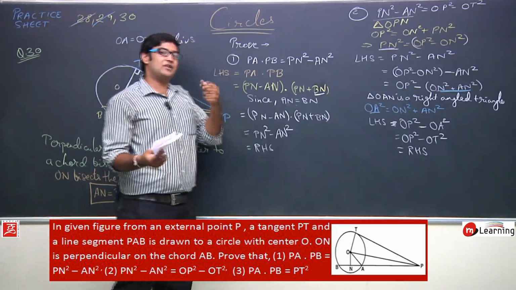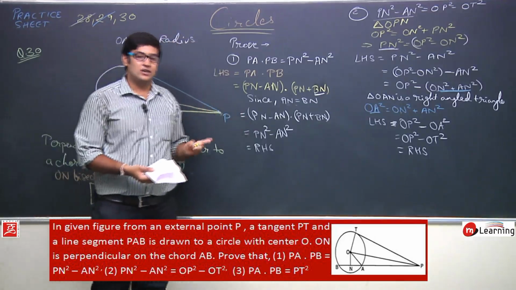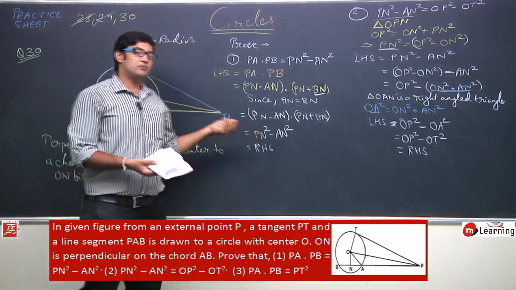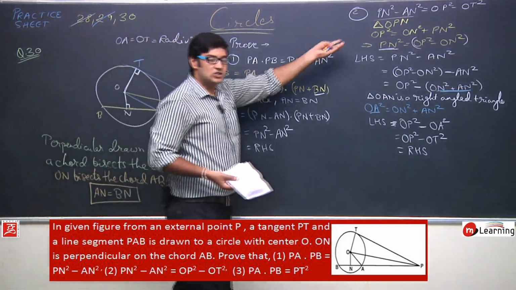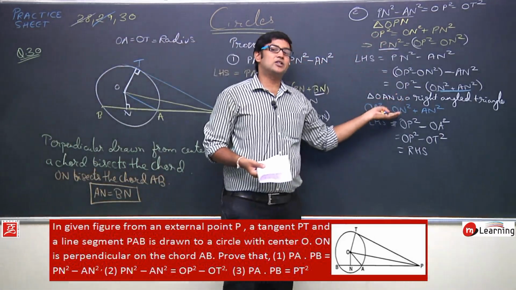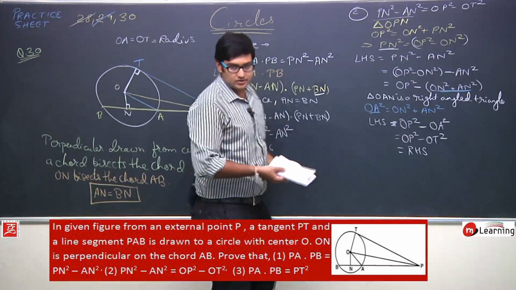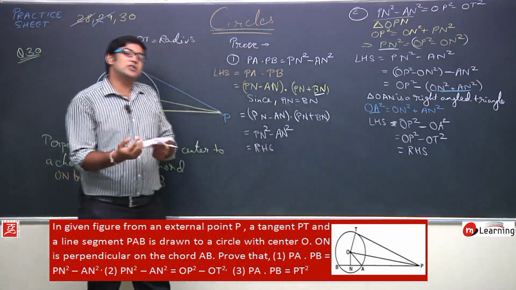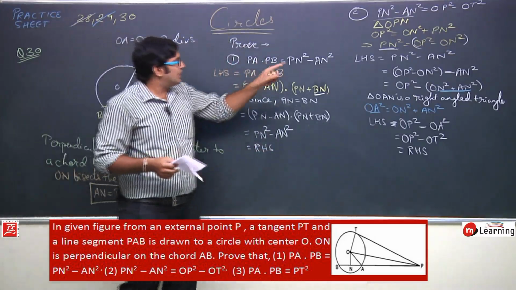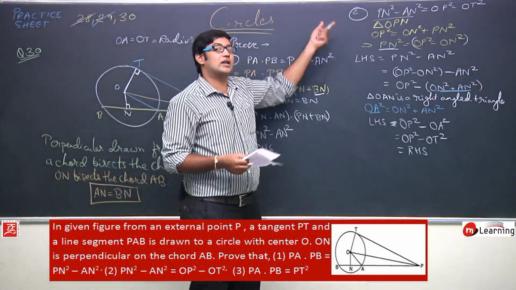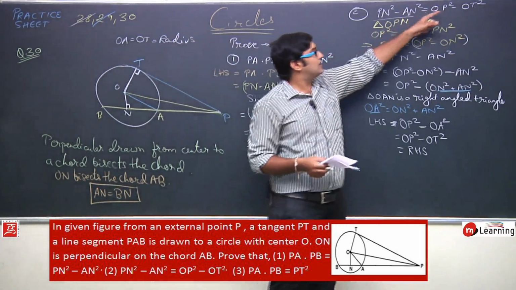What we have done is we have just analyzed the given triangle, and from that triangle we have applied the Pythagoras theorem, and just by applying the Pythagoras theorem we have got this condition. Okay. The thought process for this question is, you can see there are squares, PN square, AN square, OP square.